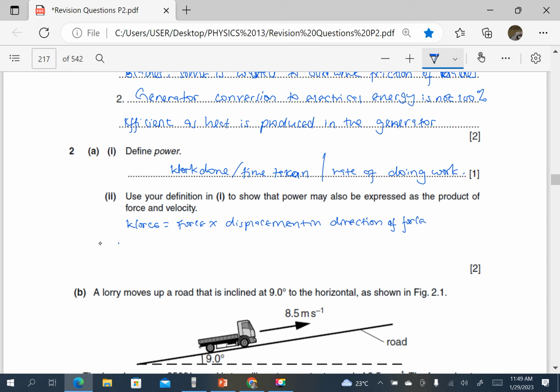So it means power is going to be equal to force times the displacement divided by time. Hence, power is equal to force times velocity, since change in displacement with time is velocity. Power will be force times velocity.